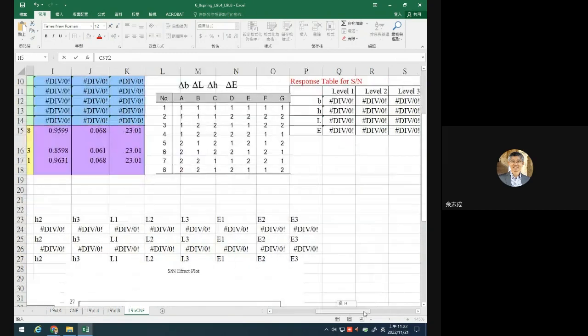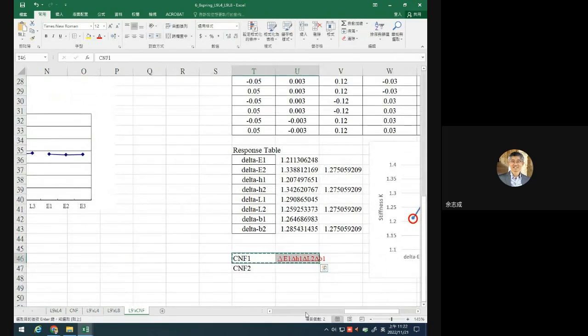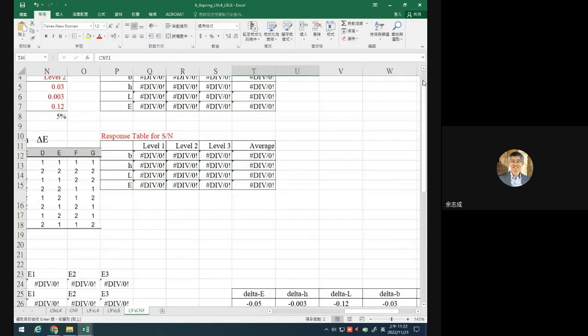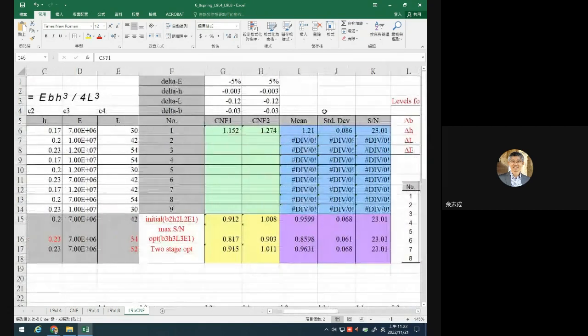This is our result, right? We get compound noise factor 1 over here. Let's copy that over so we can see. Let's put it here. All right, so we know compound noise 1 is delta B1, E1, H1, L2. So 1, 1, 1, 2. You need to change the combination in the first level.